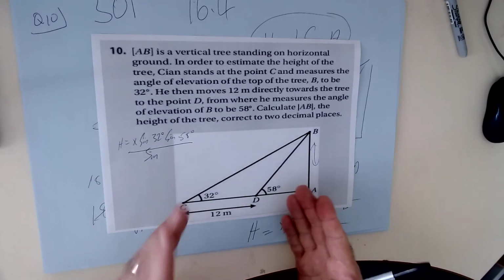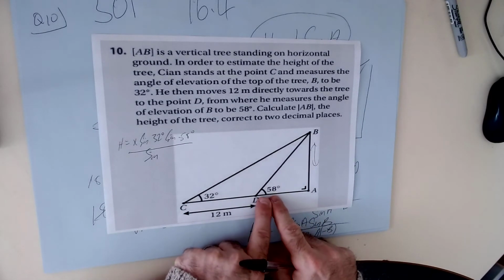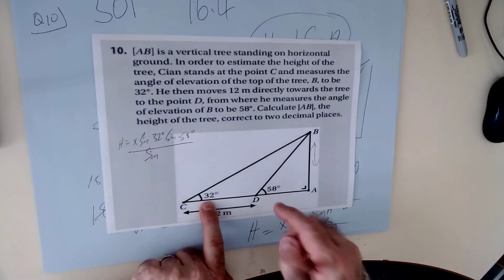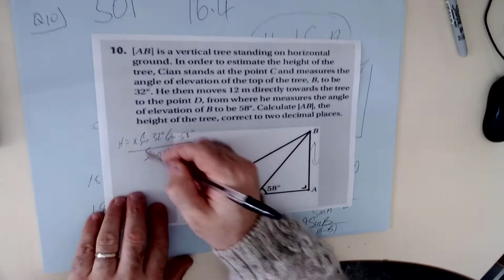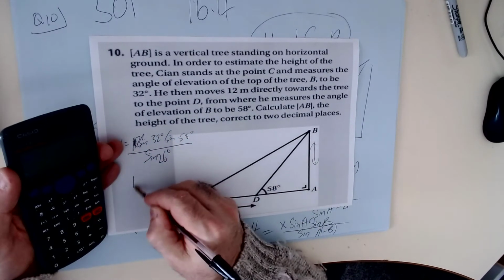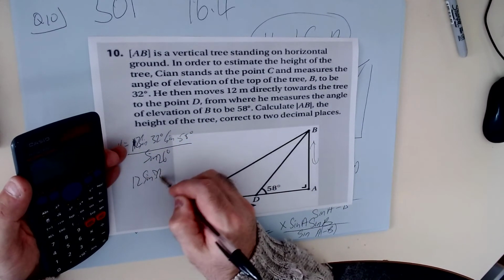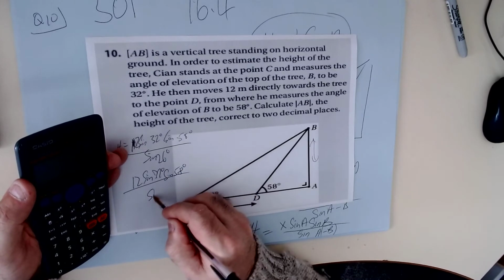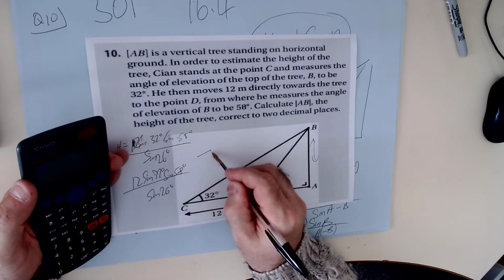Now the positive absolute difference, but it'll always be this one in here because this one will be bigger than that one. So 58 take 32 is 26 degrees. And I could replace that x there with 12. So there you go, 12 sine 32 degrees sine 58 degrees over the sine of 26 degrees will be your answer.